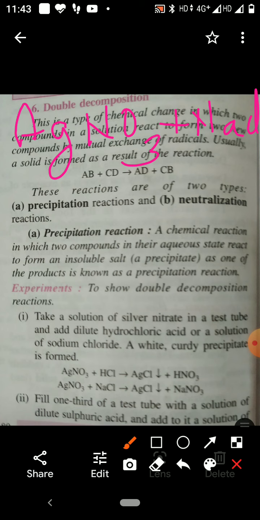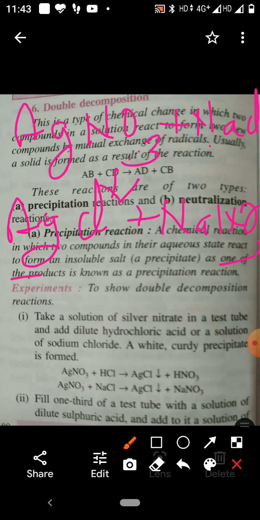Sodium chloride decomposes into sodium and chloride ion. Now there is mutual exchange of radicals. Nitrate is replaced by chloride. So the products formed are silver chloride and sodium nitrate.